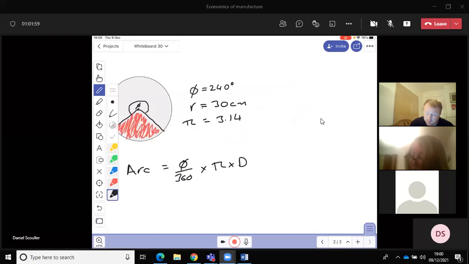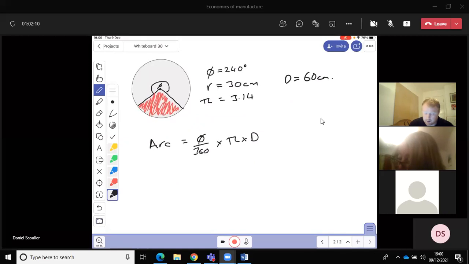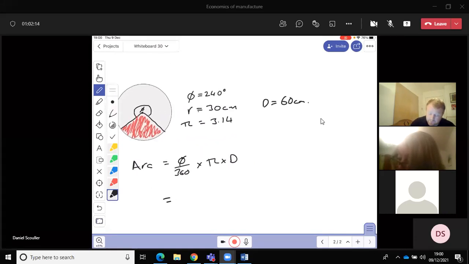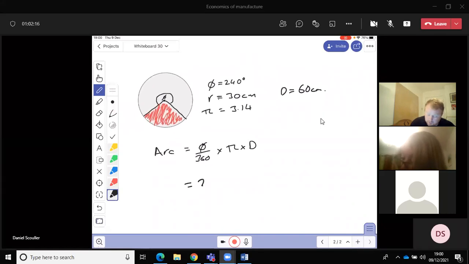The diameter is just 2 times the radius, so diameter is 2 times 30, which is 60 centimeters. Let's substitute that in: an angle of 240 over 360 multiplied by pi, which is 3.14, multiplied by a diameter of 60.